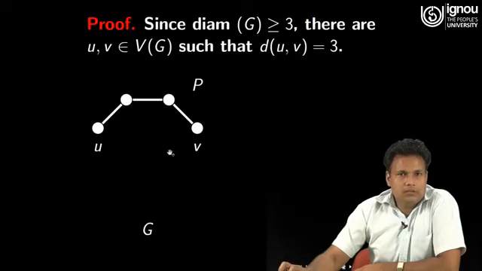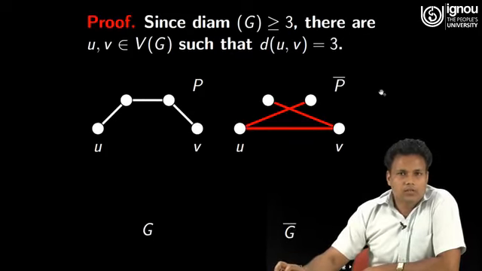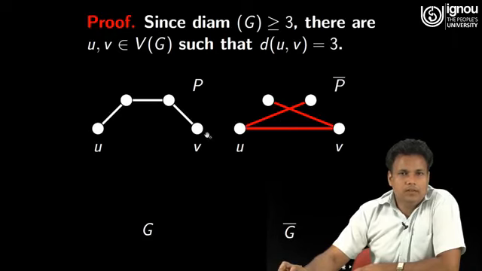So now let's look at how this path looks in the complement of G. So this is the complement, P bar, in G bar, right. Here U, V are non-adjacent, so U and V are adjacent in G bar, and likewise this edge is not present here, so this edge is here, and similarly this edge is absent here, so this edge is present here.